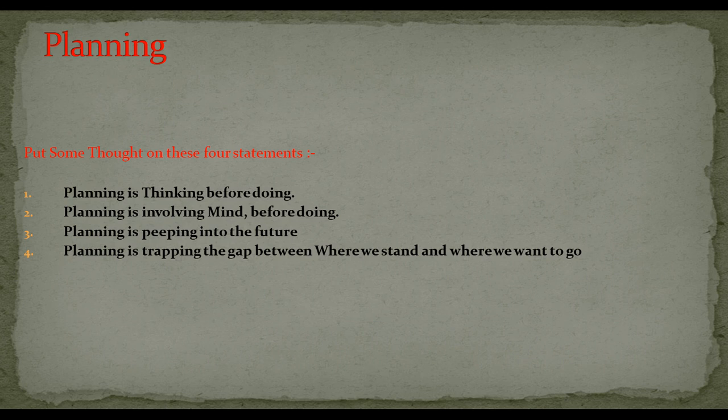So with these four statements we can say that planning is the primary function of management. It is totally a brain activity through which we try to answer what to do, how to do, by whom to do.